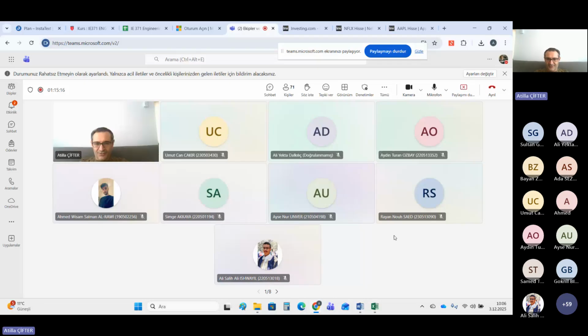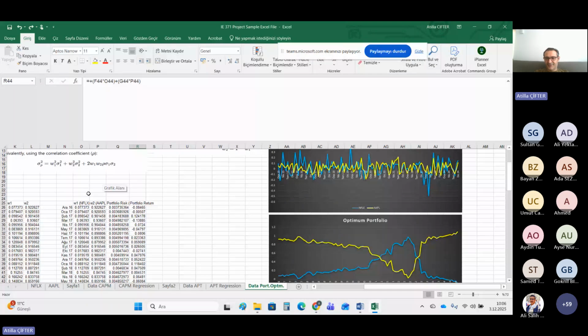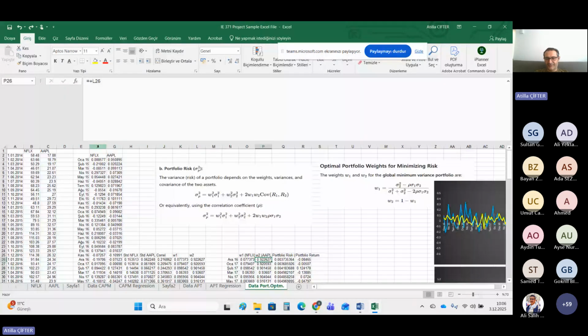So we just take the Excel file, paste it, and then it calculates everything for us. Okay, the links will calculate directly. Hocam, can we also do the portfolio analysis with other assets such as Borsa Istanbul or gold?